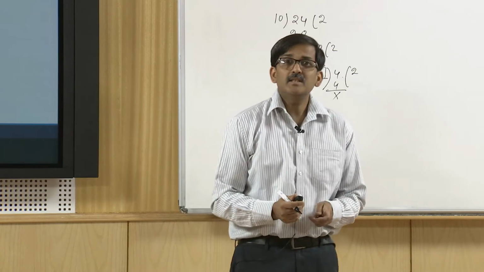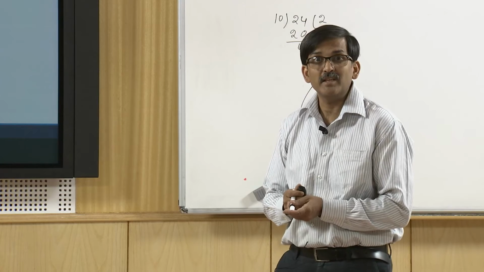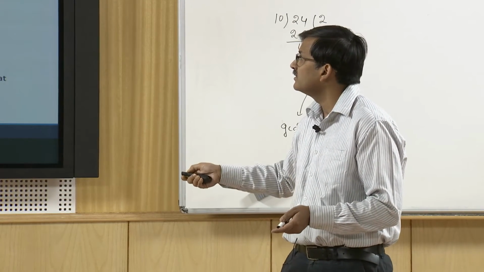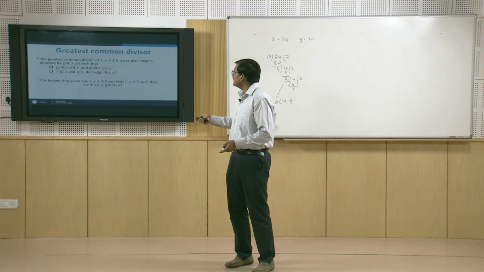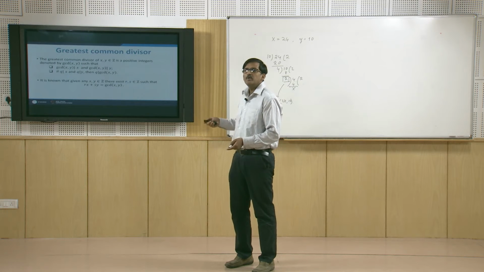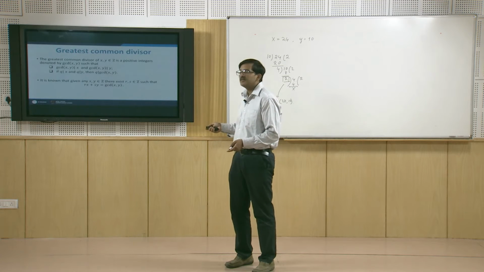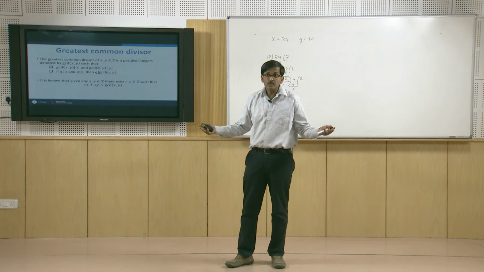Now, there is a surprising fact, we can say something more with greatest common divisors. If we have two integers x and y, then there exist two more integers r and s such that rx plus sy is equal to GCD of x and y. How do we know that?